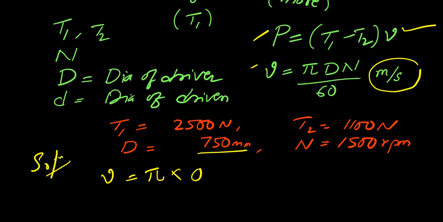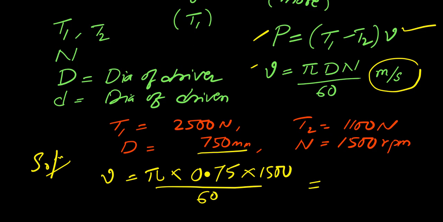So 0.75 in meter we substitute, into n, 1500 by 60. If you make this calculation, we obtain 58.9 meter per second. This is the sliding velocity of the given problem.